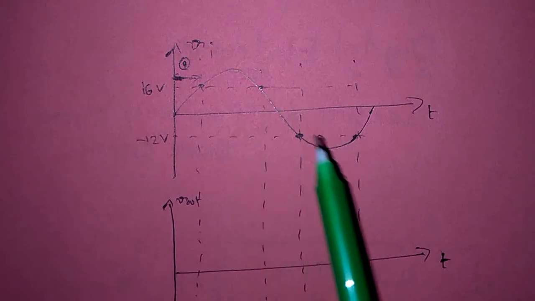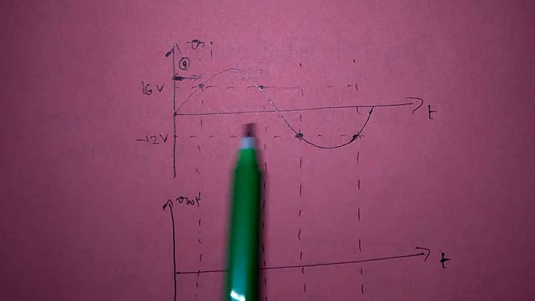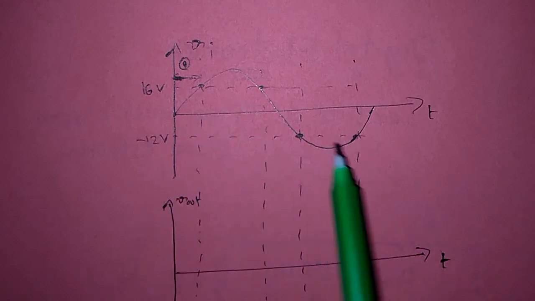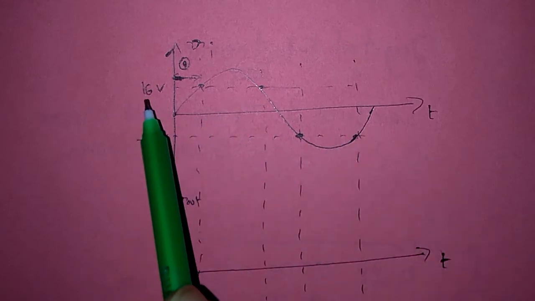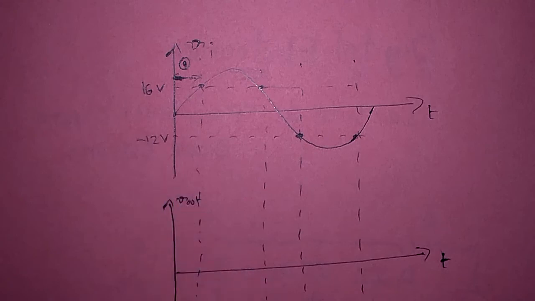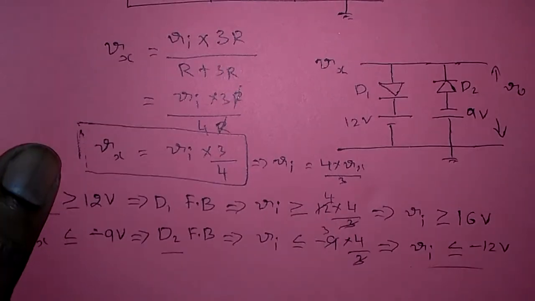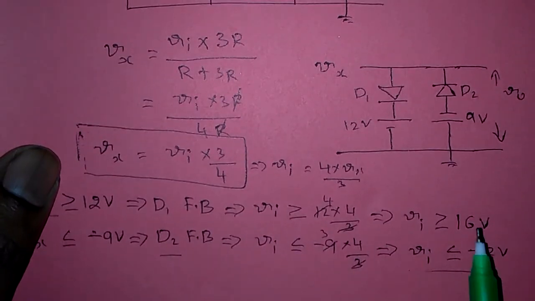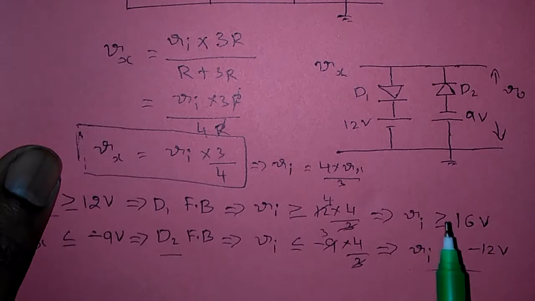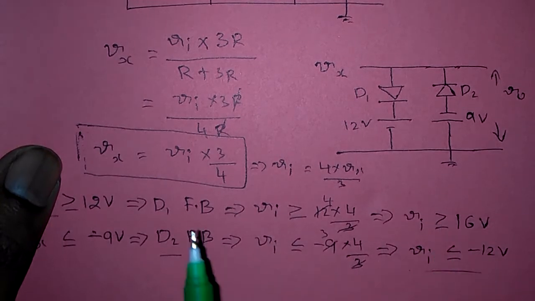On the input waveform, I marked 16 volts and minus 12 volts, which are the reference voltages with respect to the input voltage, which we calculated here. Vi must be greater than or equal to 16 volts for D1. Vi must be less than or equal to minus 12 volts for D2.